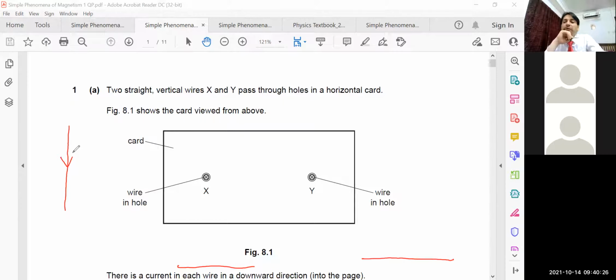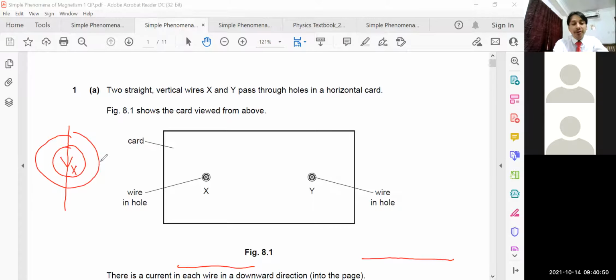If current is downward, first, children, draw the magnetic field patterns. We know they are concentric circles. 1 circle, 2 circles, 3 circles, 4 circles. So around conductor X, there will be a magnetic field.